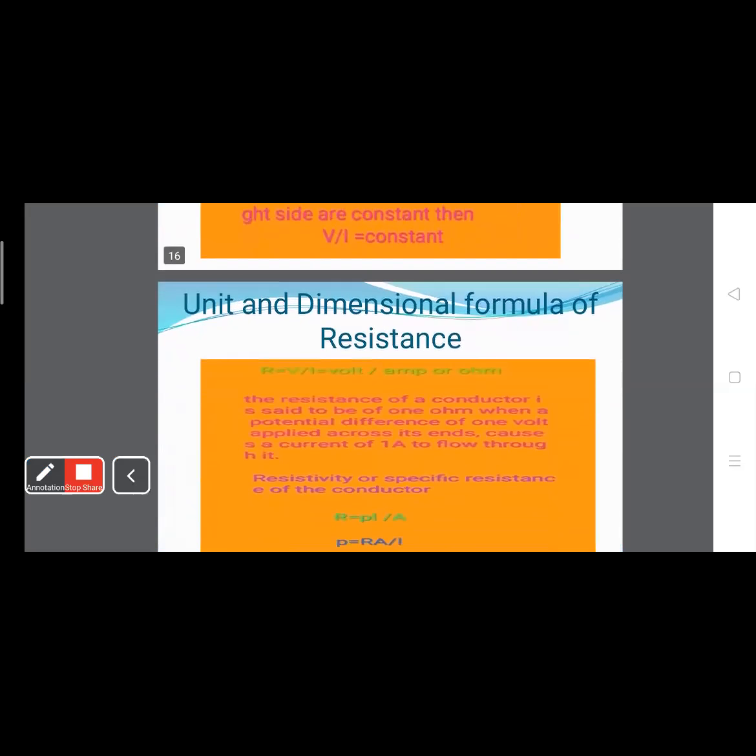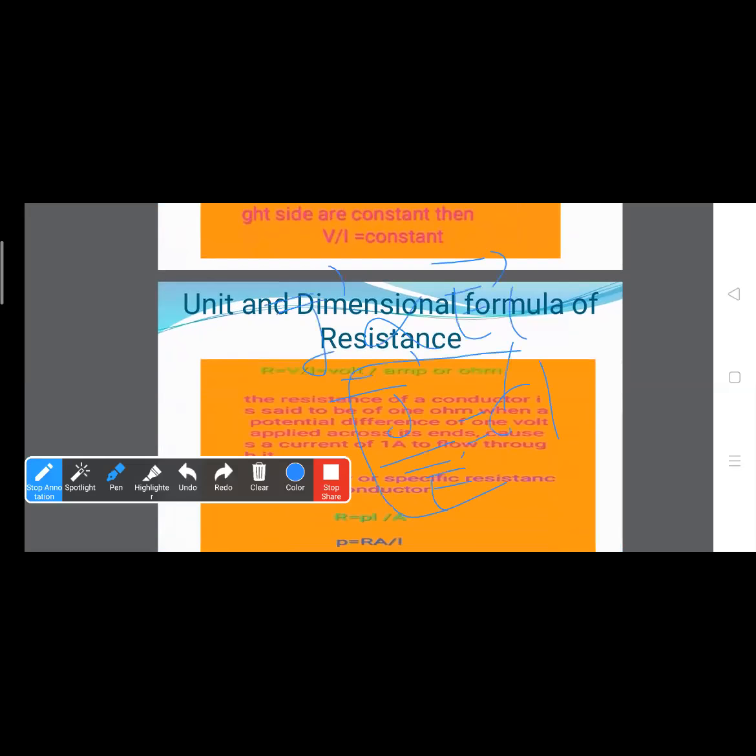Now what is the unit and dimensional formula of resistance? Resistance is given by V upon I. We can write it as volt per ampere, or ohm. Clear? So the unit of resistance is ohm. And write the dimensional formula of resistance by yourself.